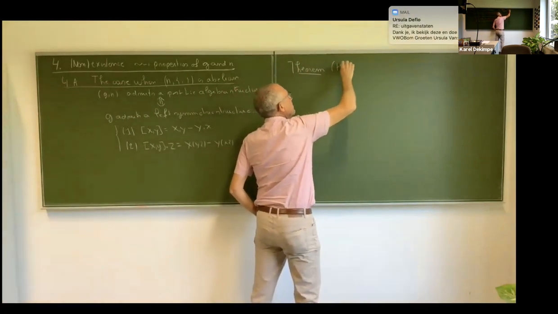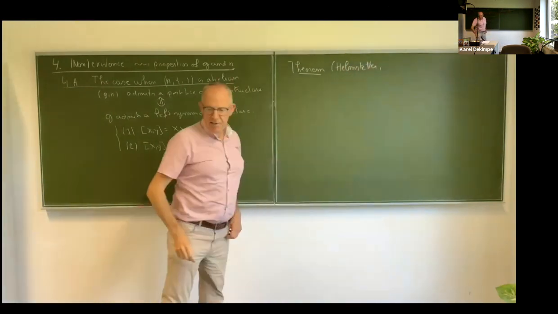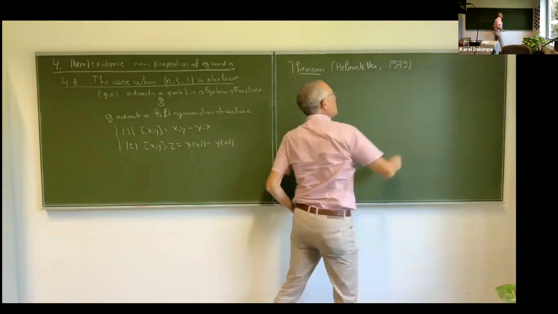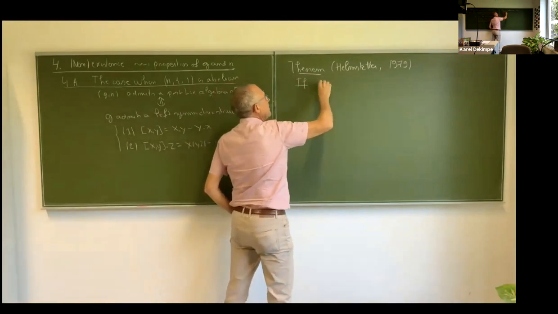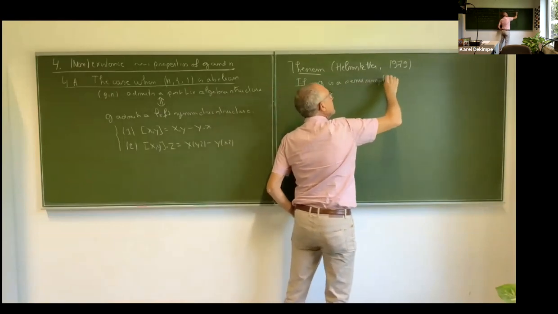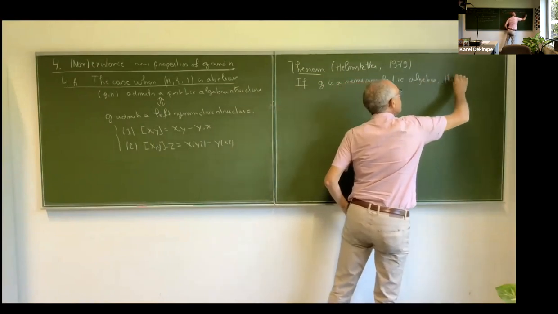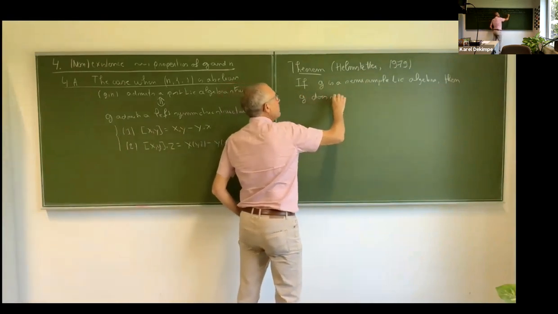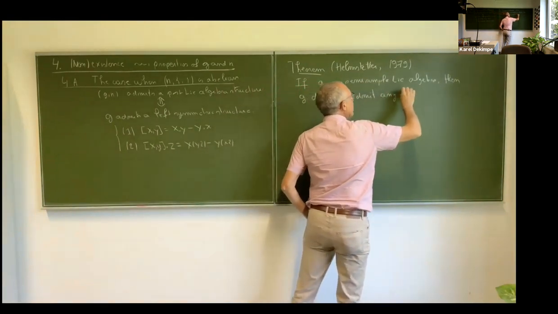This is the result by Jack Helmstetter, published in 1979, so already a long time ago, and it says the following: if G is a semi-simple Lie algebra, then G does not admit any left-symmetric structure.